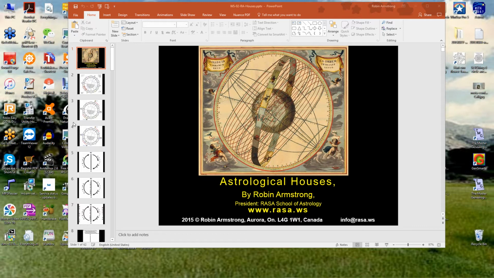So the energy of the year, the signs of the zodiac, comes from above, from the orbit of the Earth and from the sun, and radiates down, and it affects and influences the sun, the planet, the angles, and the other factors of the chart.